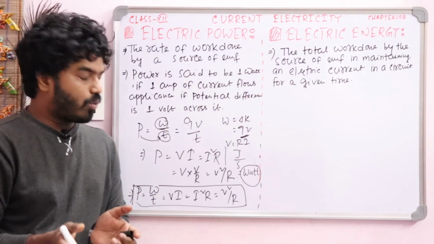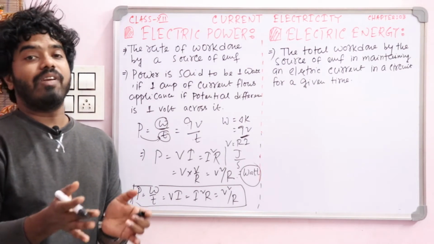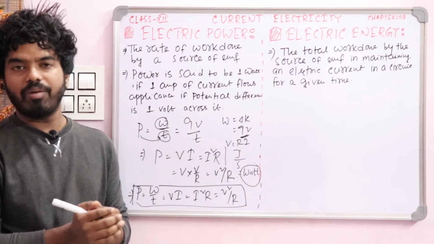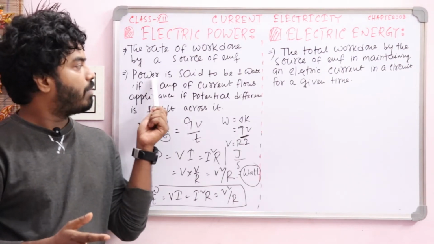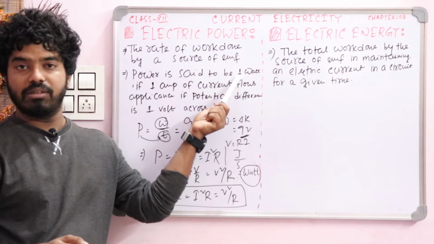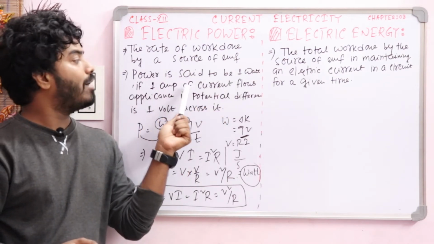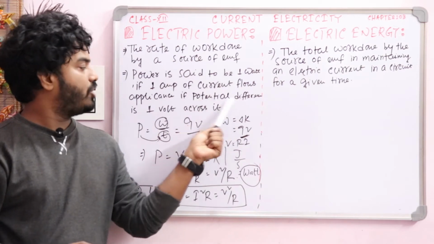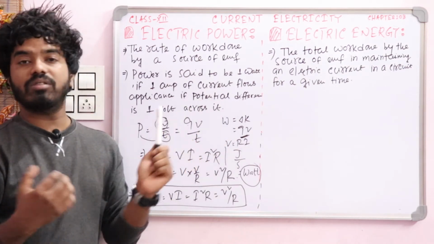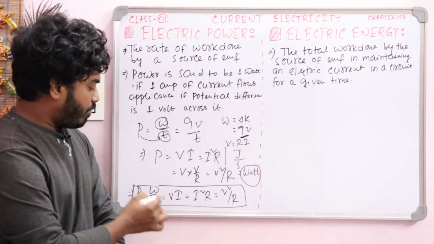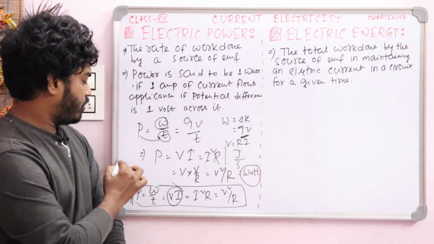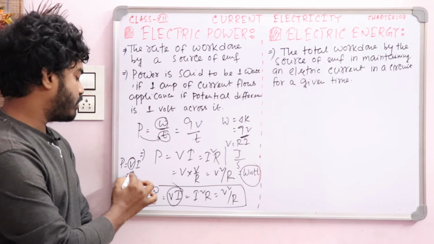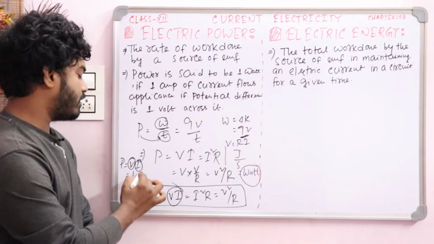Now the question is, what is the definition of 1 watt power? Power is said to be 1 watt if 1 ampere of current flows through the appliance when the potential difference is 1 volt across it. You know P equals V into I. So write it down, P equals V into I, with volt being 1 and current also being 1.